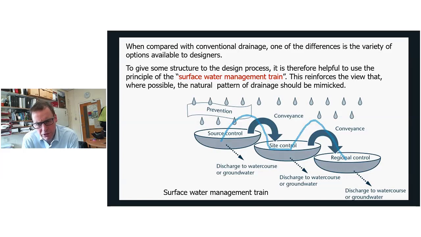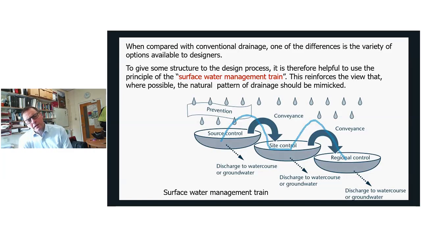You can have some treatment trains which have lots of devices in them, which perhaps are less effective than others, or you can have a SUDS system which is basically a pipe network collecting flows from urban surfaces, which discharge into a single pond. And a well-designed pond can actually do a fantastic job of removing pollutants from your flows.